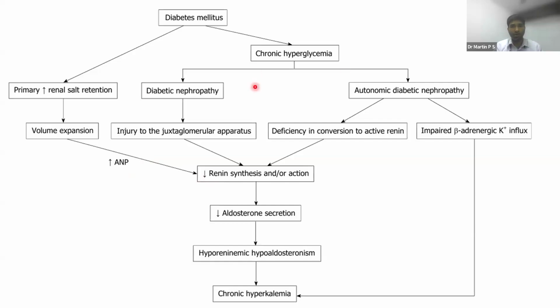And also the chronic hyperglycemia will lead to autonomic diabetic neuropathy, and that can cause decreased conversion of prorenin to active renin, and also its action on beta adrenergic receptors. Because of these various reasons, diabetic patients are prone to develop a low renin state, which ultimately gives rise to a low aldosterone, what we call hyporeninemic hypoaldosteronism, which leads to chronic hyperkalemia.